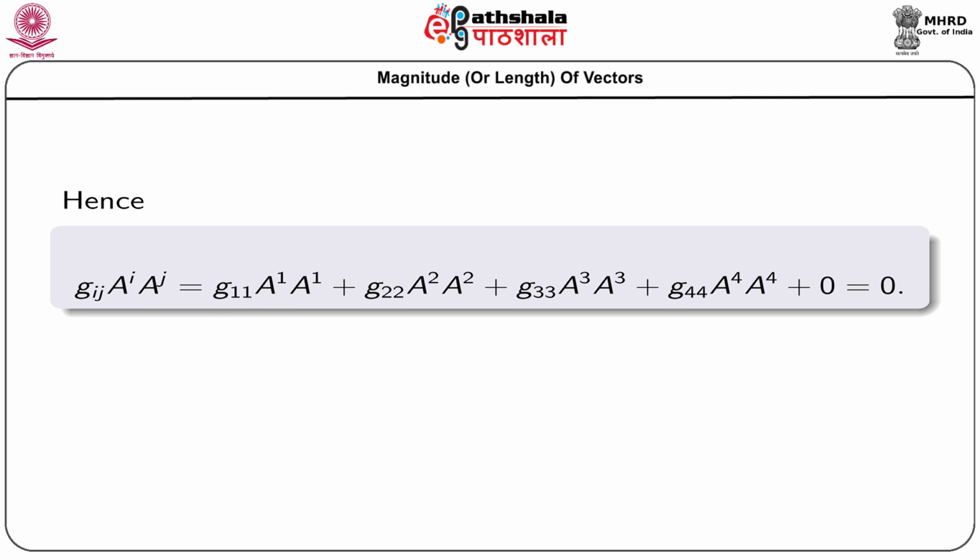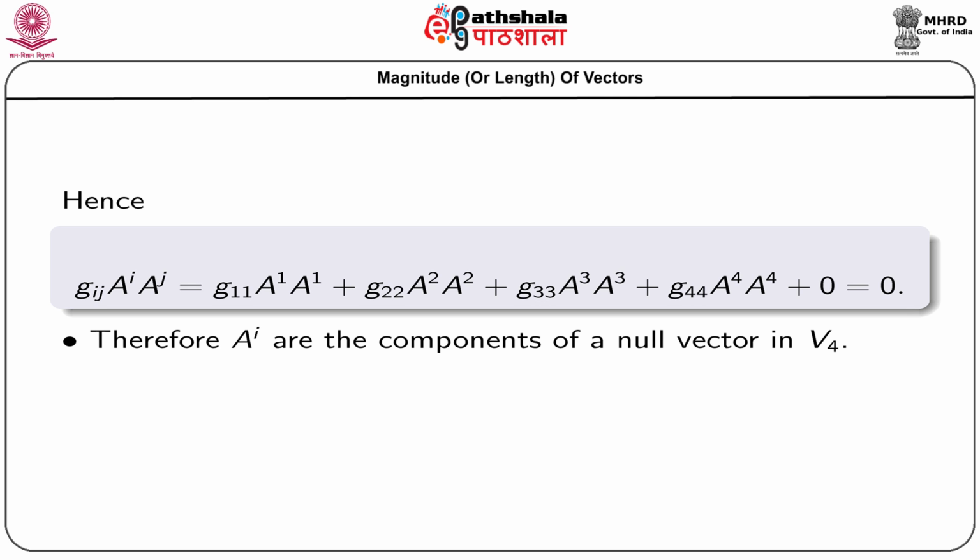Hence, if we calculate Gij Ai Aj, we get the value 0. So, Ai are the components of a null vector in V4.